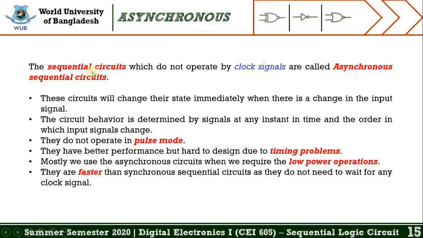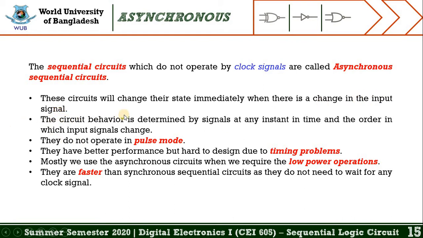Well, from this slide we may learn the general overview of asynchronous sequential logic circuits. So let's start. The sequential circuits which do not operate by clock signals are known as asynchronous sequential circuits. These circuits will change their state immediately when there is a change in the input signal.